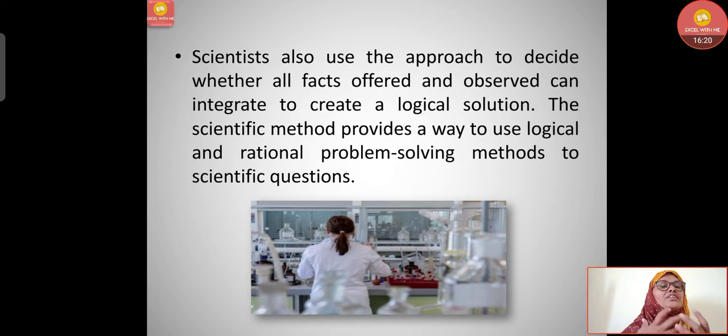So whatever scientific questions and problem solving methods there are, they are shown logically. The scientific method provides all the proofs and ways to use all these things. So scientists use this approach to see whether whatever they have observed gives the logical solution to that question or not.